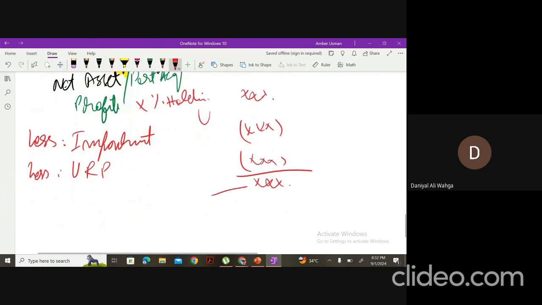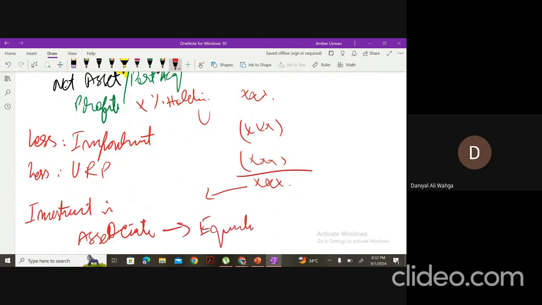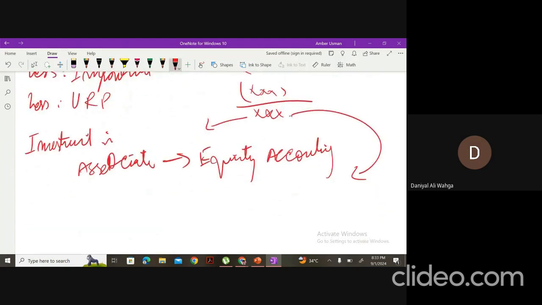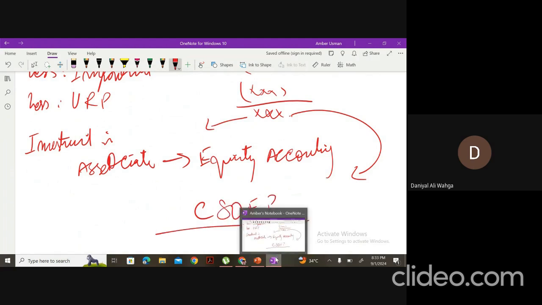This is the amount of investment in associate using the equity method. This amount will be taken to the consolidated statement of financial position.